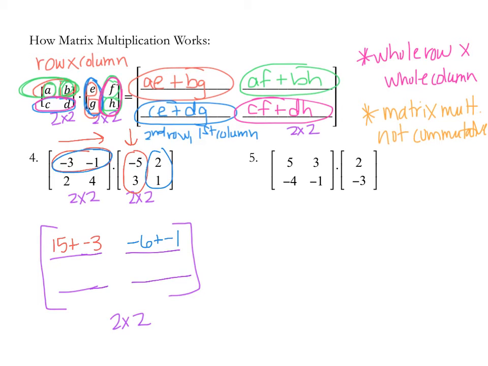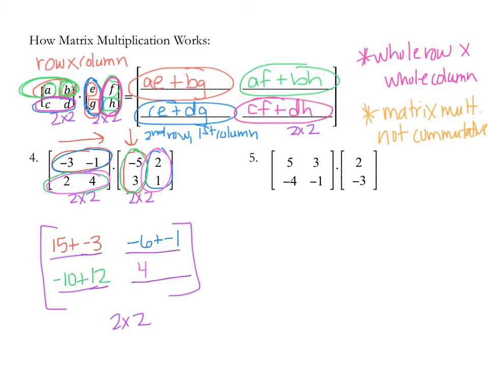And then we're going to move to the second row of things for my answer, which means I need to use the second row. And then we're going to do the one in the first column. So that's going to be -10. And then we move on to the next numbers, 4 and 3 together make 12. And then we're looking at the last row, last column. 2 and 2 make 4.